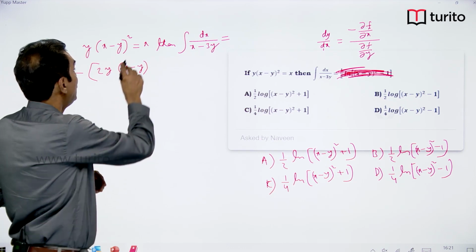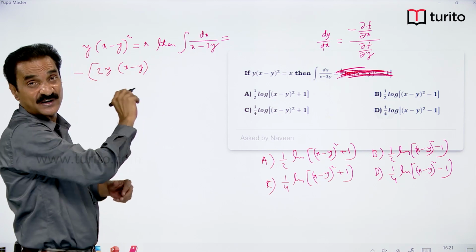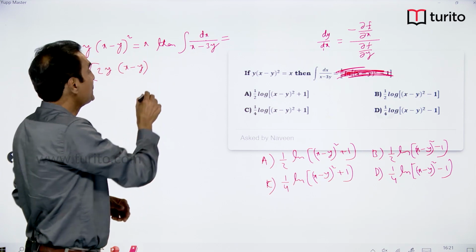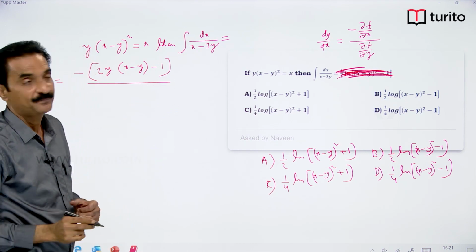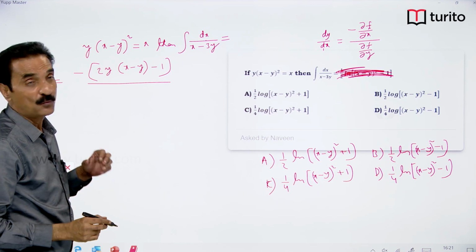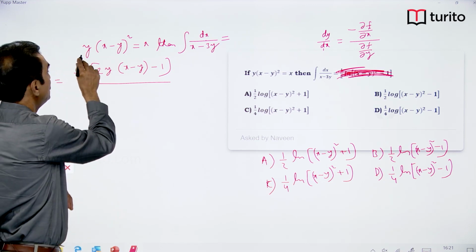Okay. And x is also there, take it to the left hand side, it is minus x, its derivative is minus 1. Now the partial derivative with respect to y.